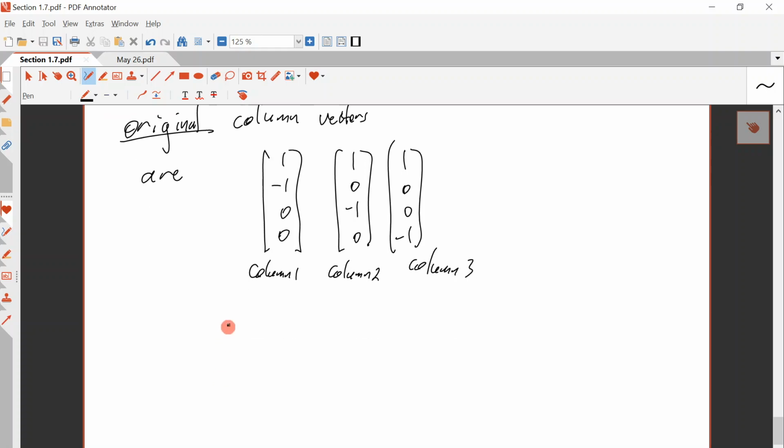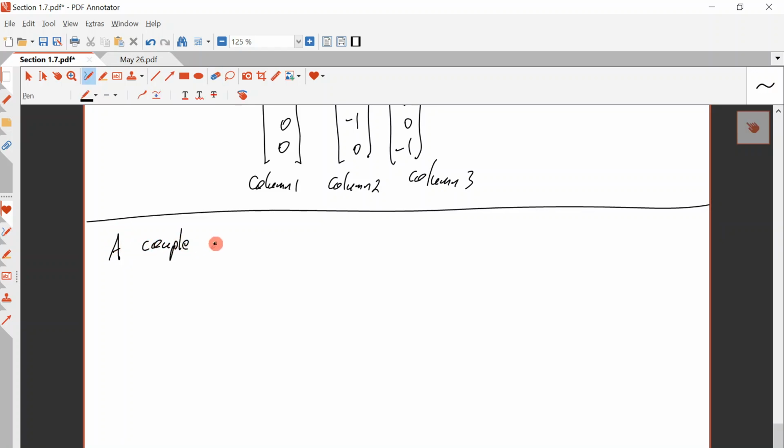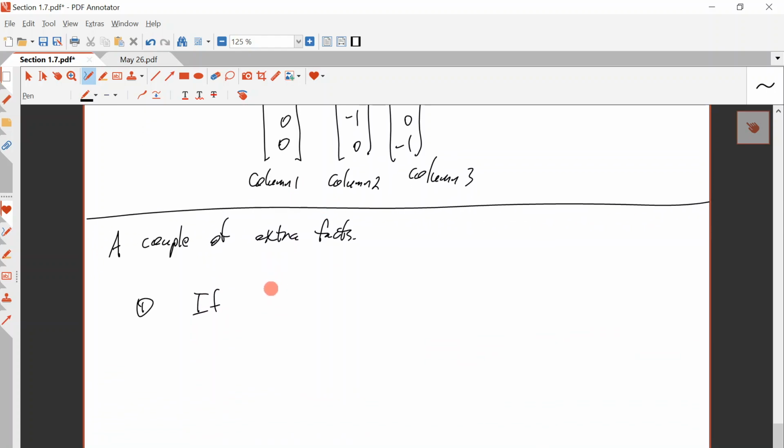A few miscellaneous facts just to end off with here. One, the set of vectors 0, v2 up to vc is always linearly dependent.